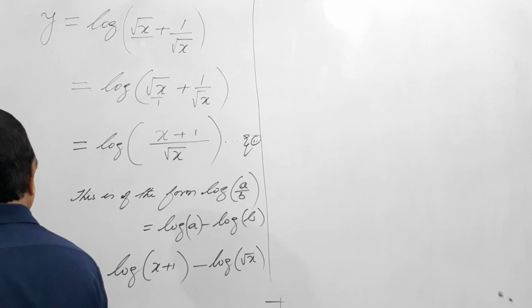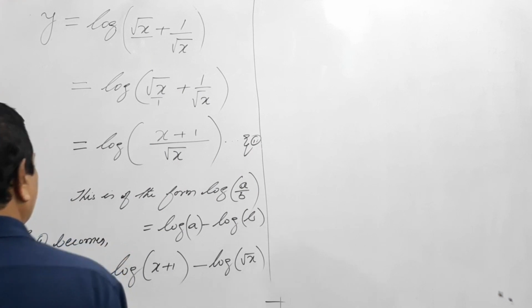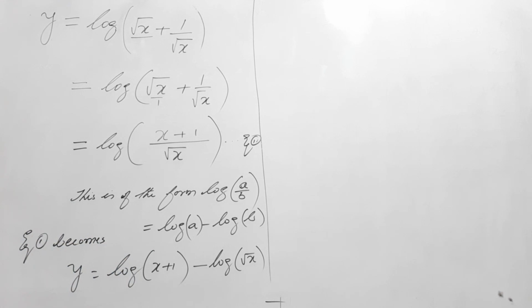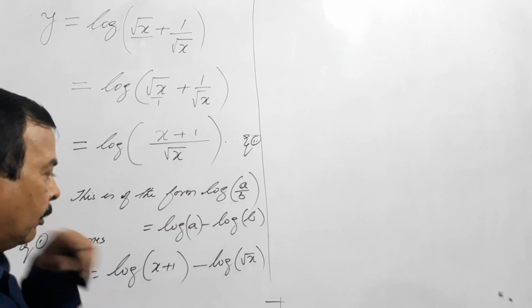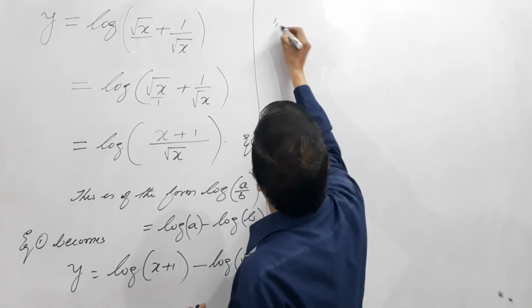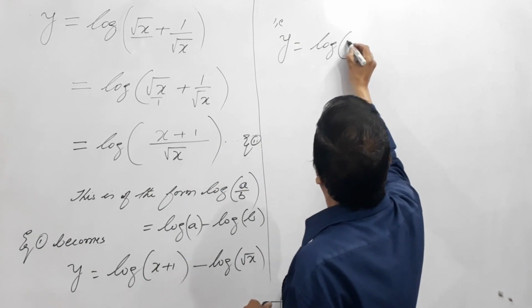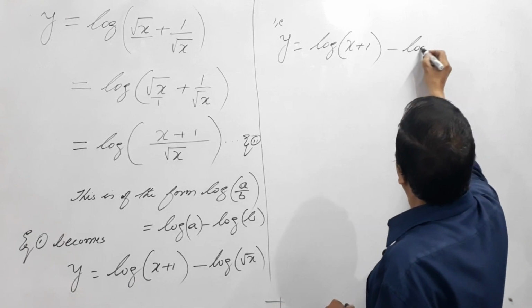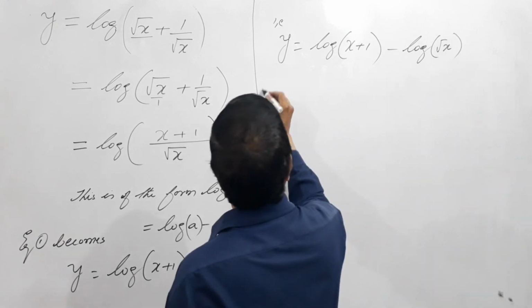So equation 1 becomes log x plus 1 minus log root x. So log root x is nothing but half log x. So y equals log of x plus 1 minus log root x.